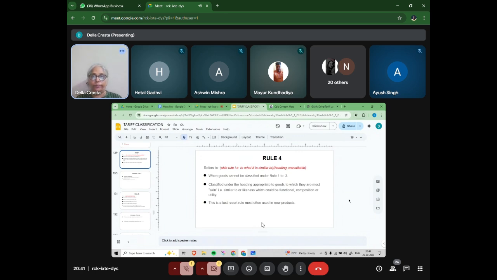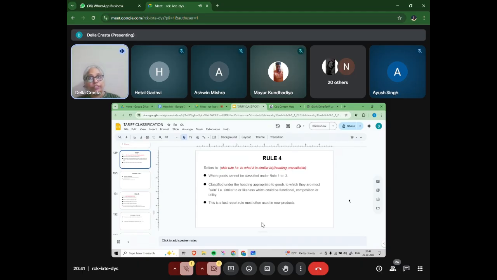Some of the features, maybe very basic features or functions, are matching, but the advanced features and functions are nowhere specified in the tariff. So similarity can be based on the product category. Similarity can be based on the external characteristics. Similarity can be based on the material composition, meaning what it is made of, we can classify on similarity by applying rule 4.